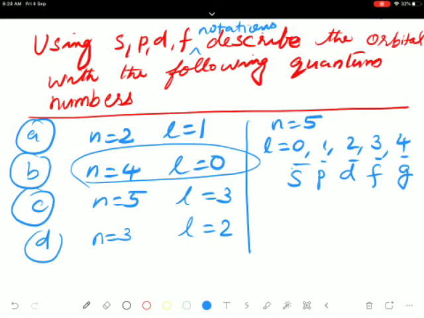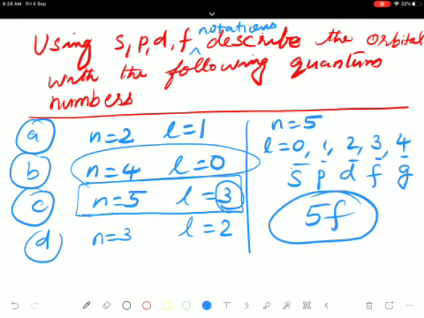What is the question? When n is equal to 5 and L is equal to 3, it is 5f. 5f is the answer. Alright. Next.